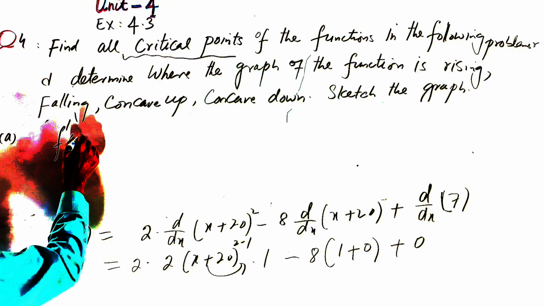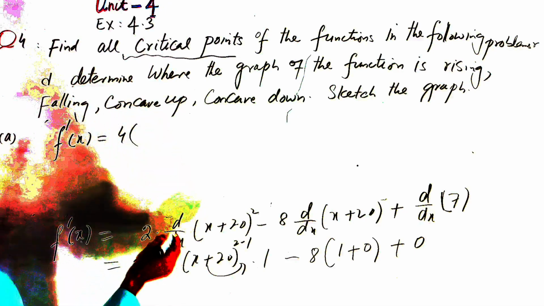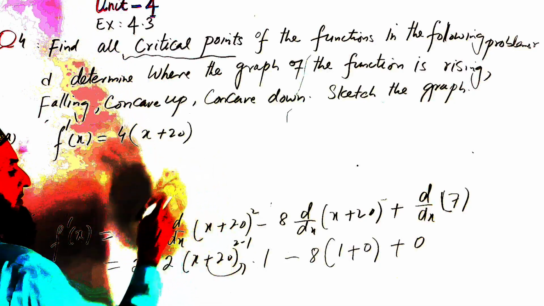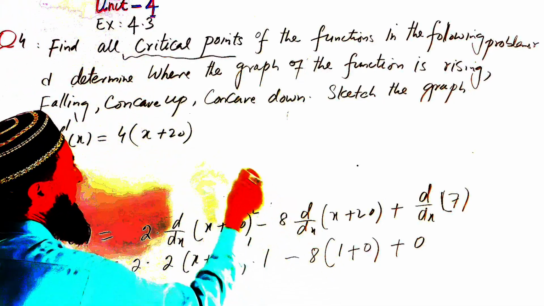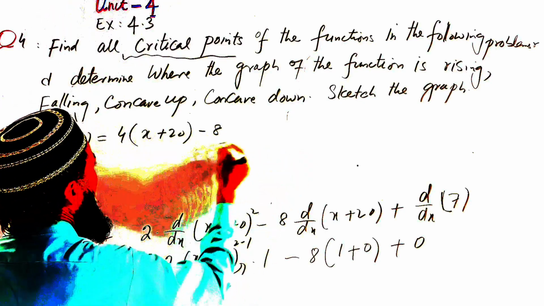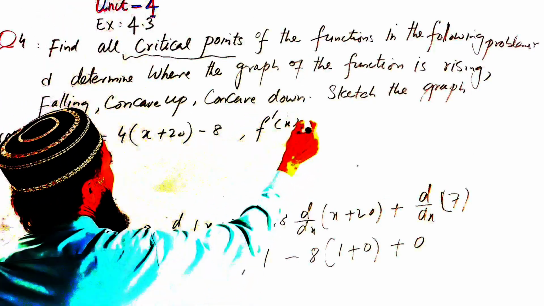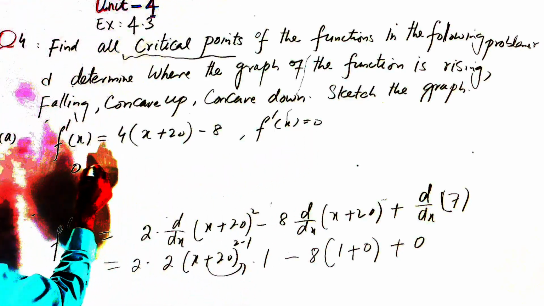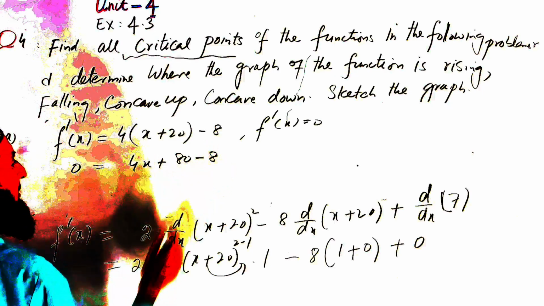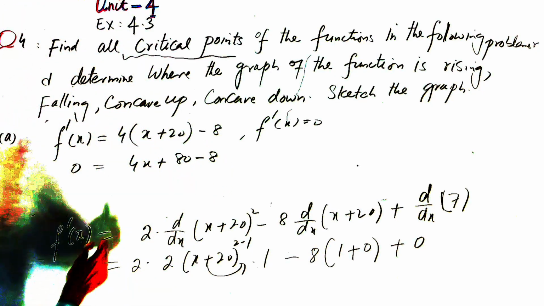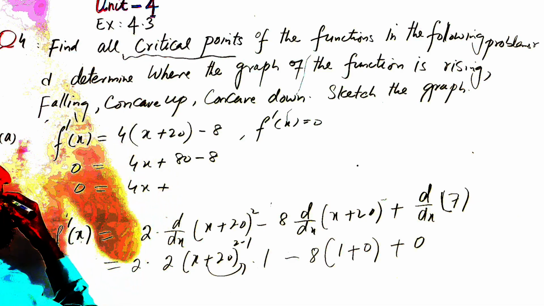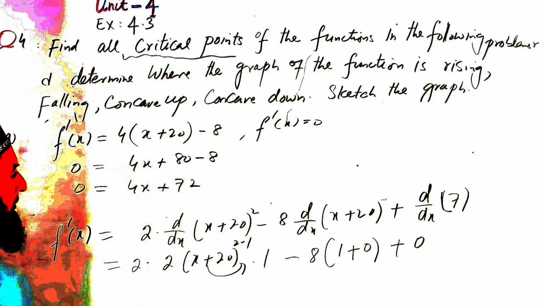F dash x is equal to 4 into (x plus 20) to the power 2 minus 1, which is 1, and minus 8 multiplied by 1, which is minus 8. According to the first condition for the critical point, f dash x is equal to 0, we put 0 equal to 4x plus 80 minus 8. So we subtract, and 0 is equal to 4x plus 72.